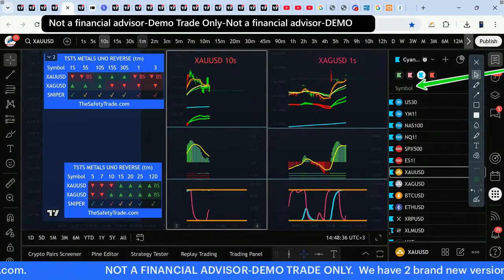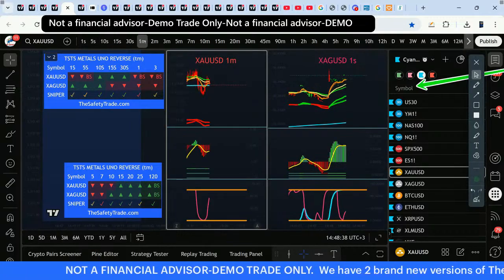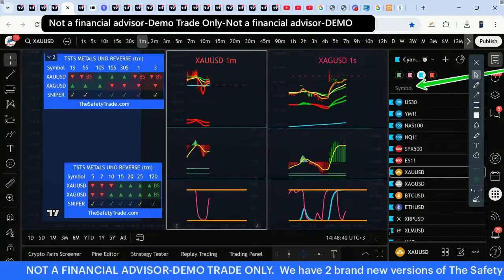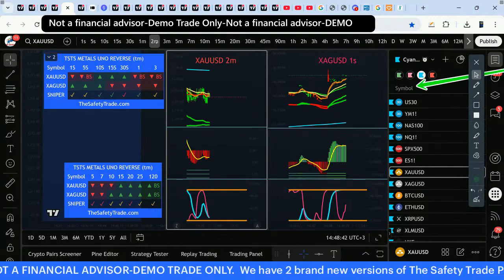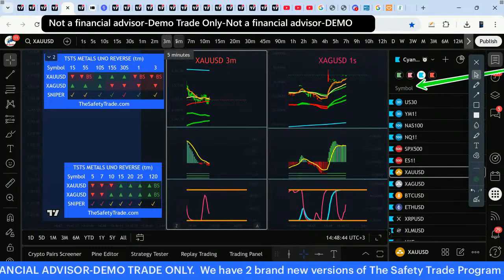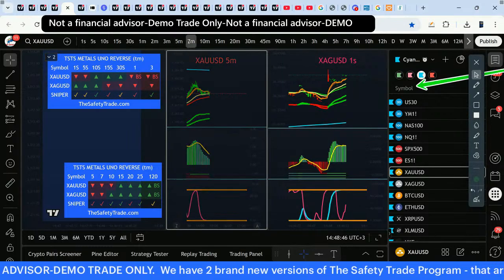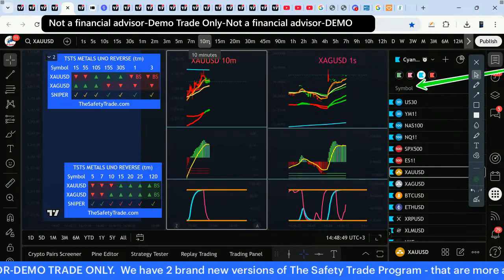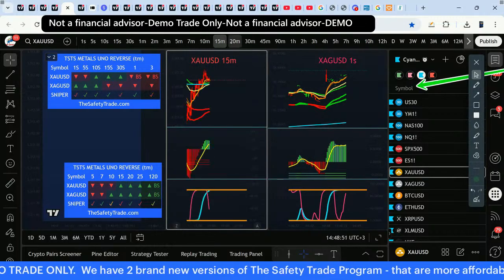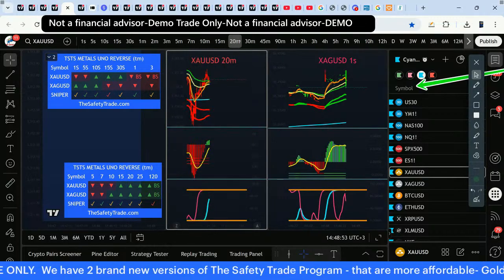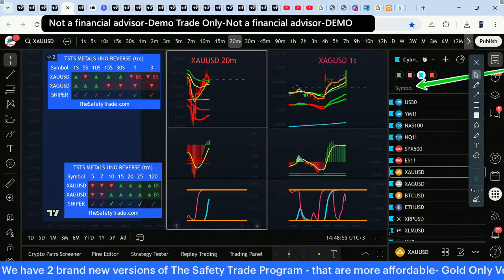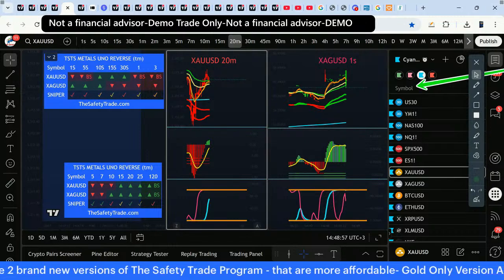What's going on with this 1 minute here? 2 minute, 3 minute, 5 minute, 7 minute, 10 minute, 15 minute. No, gold is always a buy.